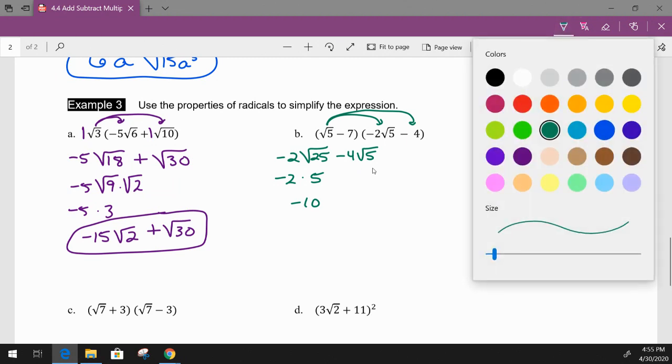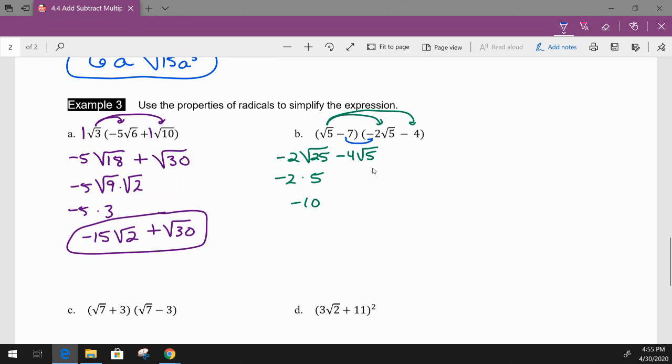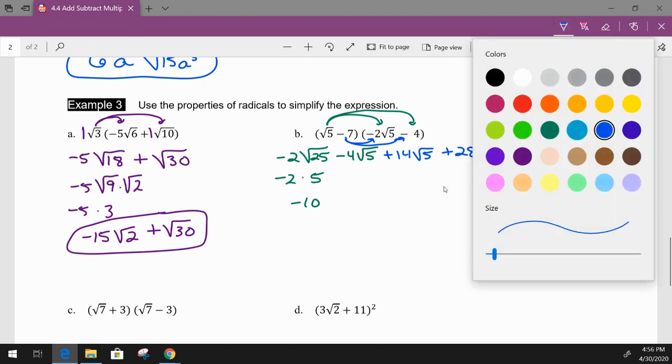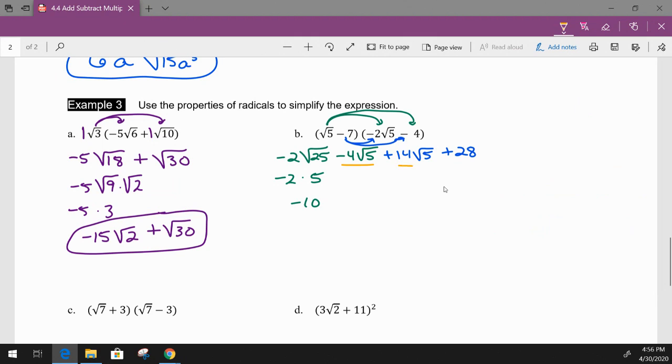All right, so now let's distribute the -7 to each term here. So the -7 times the -2 is a positive 14 square root of 5. The -7 times the -4 is a positive 28. So now if you look at your middle terms, they are like terms because they both are square roots and they both have a square root of 5.